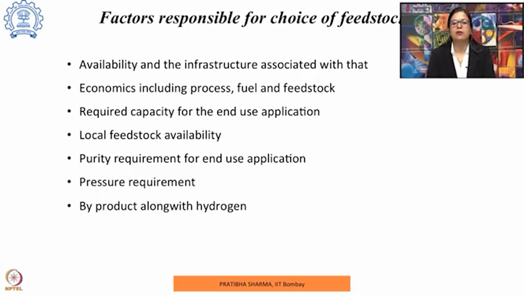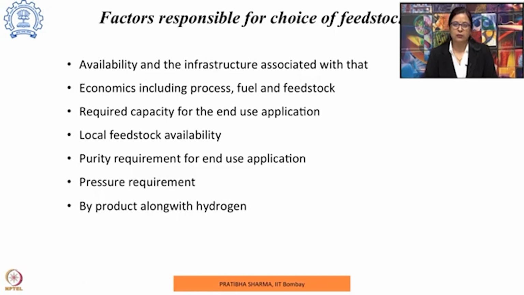There are a large number of factors which help in deciding from which feedstock hydrogen is going to be produced, like the capacity of the plant and the end use application. Depending on that, the technology could be used for hydrogen production. For example, a steam methane reforming plant is cost intensive and requires a larger footprint area.